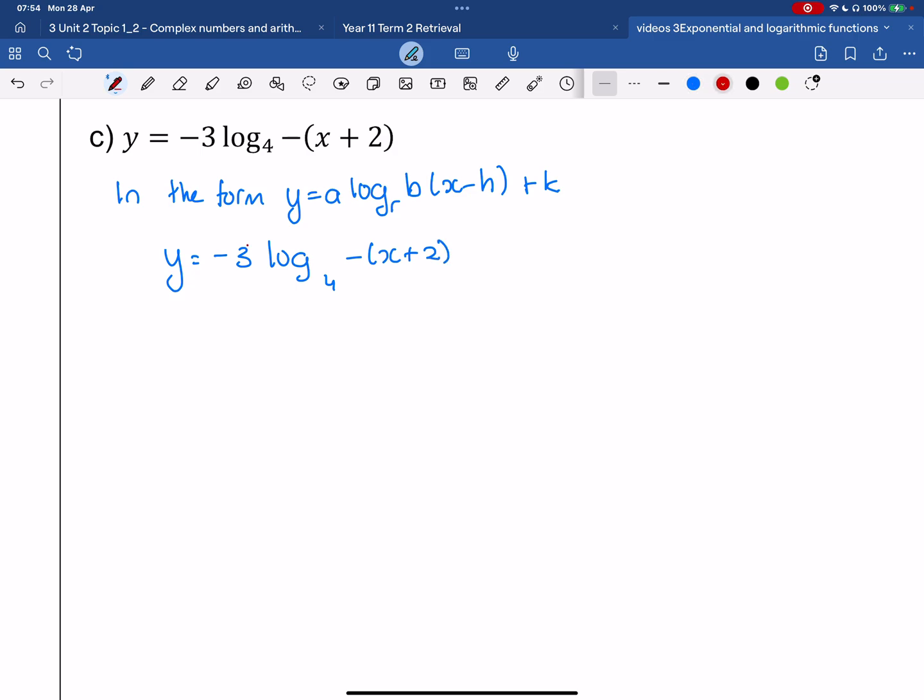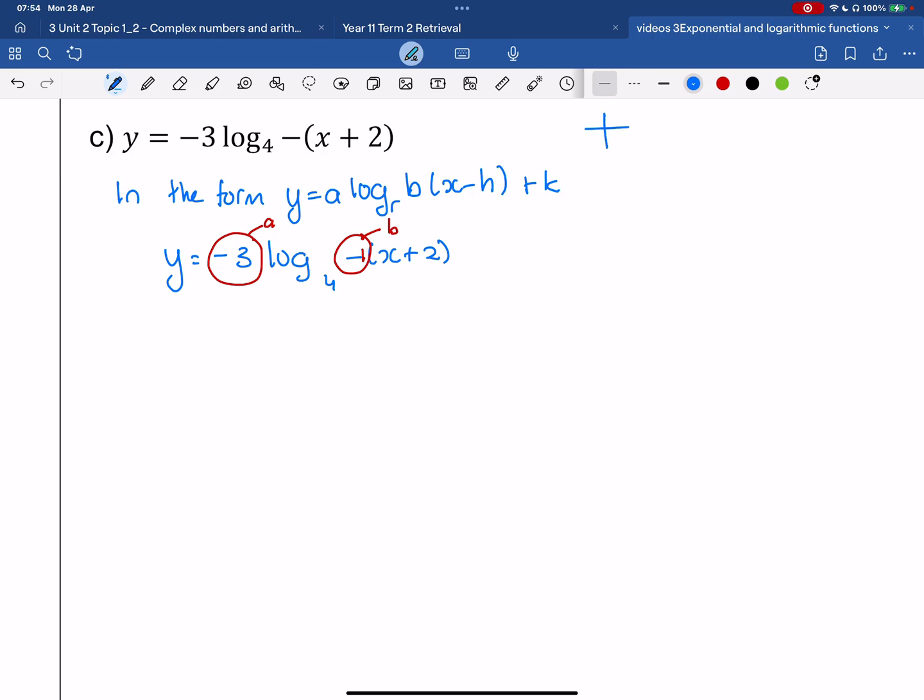Hopefully you can see that my a value is negative 3 and my b value is negative 1. So now I've got a reflection in my x-axis and in my y-axis.